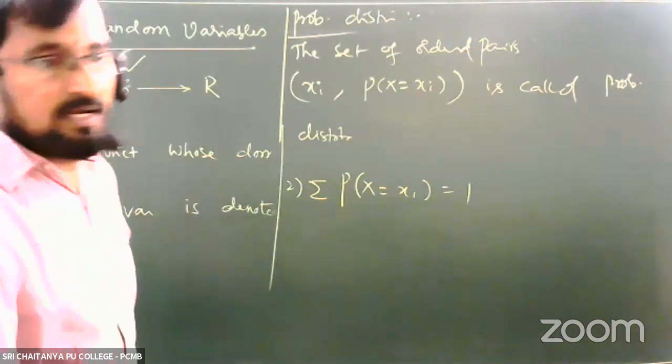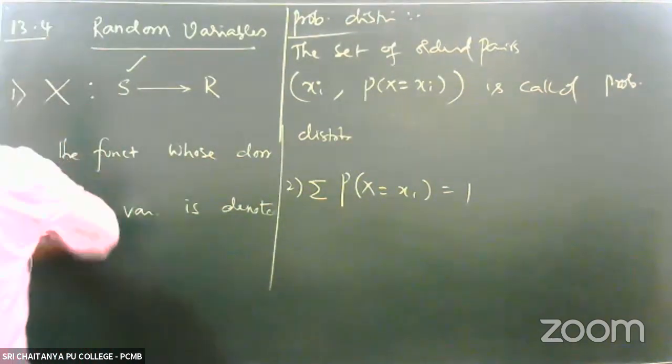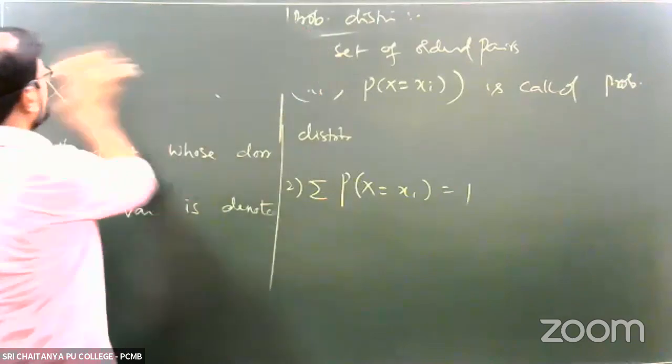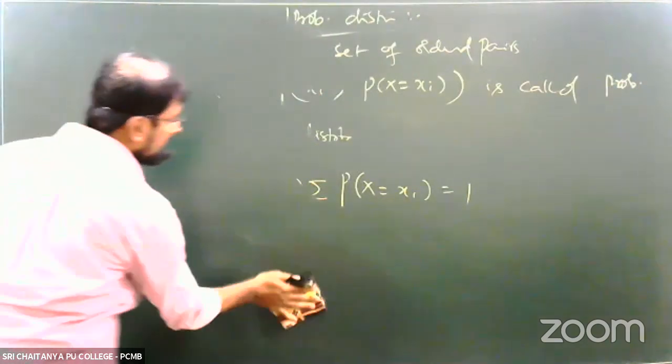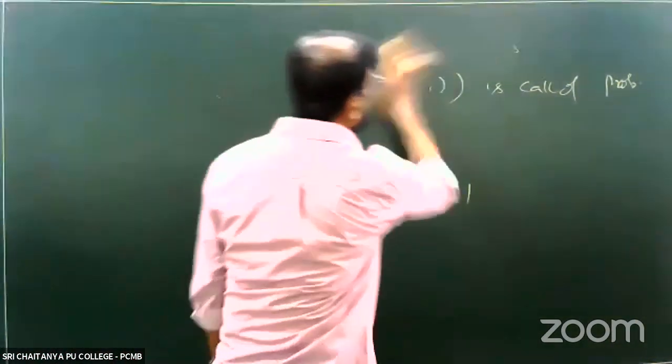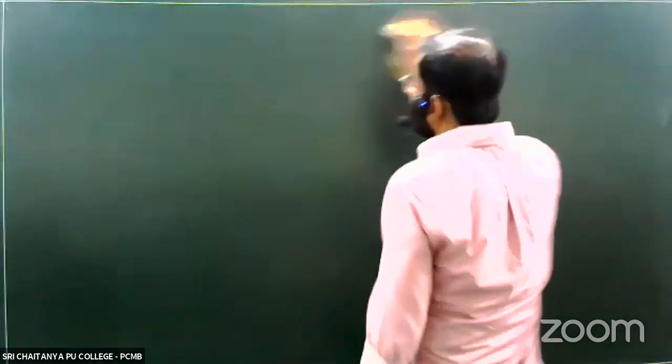Yes. Next side heading is mean. Write down the side heading mean. You know mean from your 10th standard and your sequences and series in first PU, right? The same thing. Let X map S to R. Write down mean, it is represented by mu.